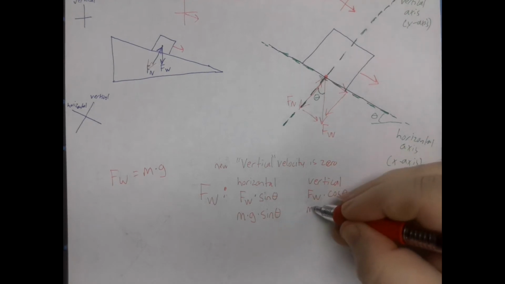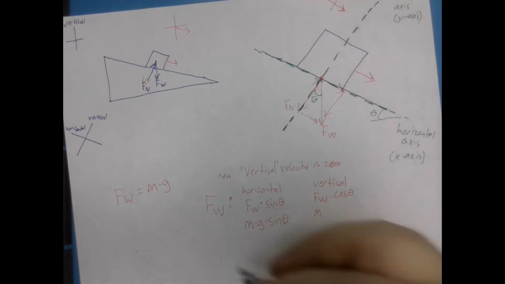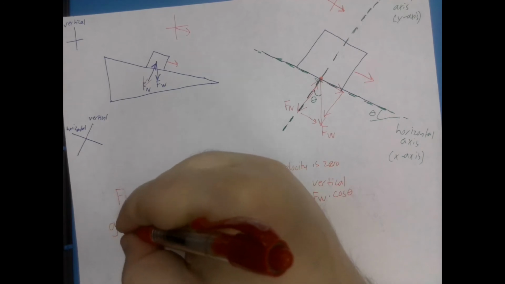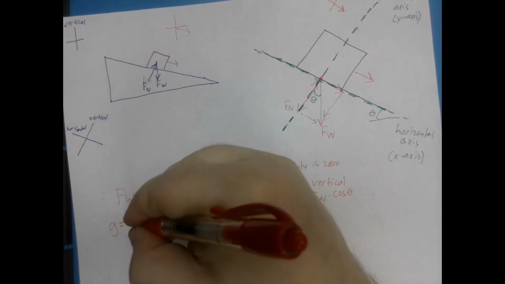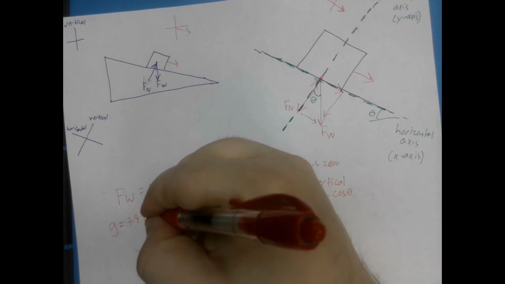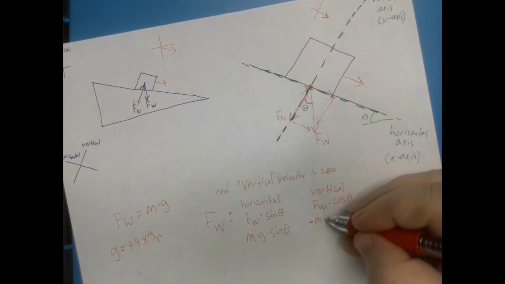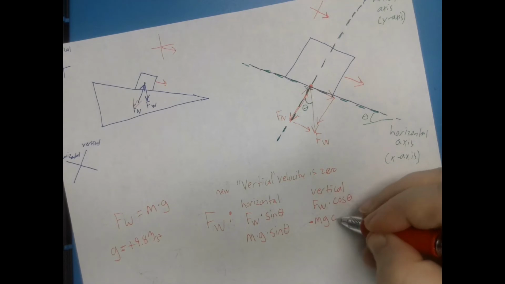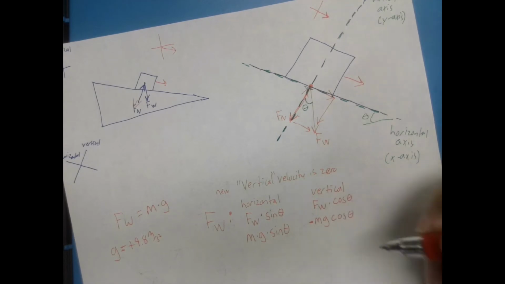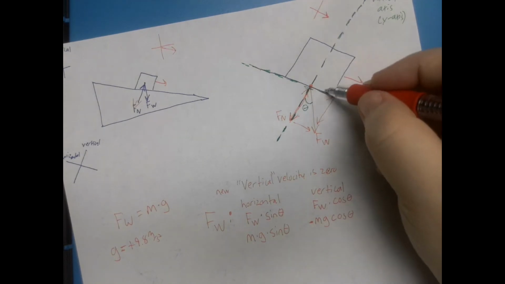And this will be m. I'm going to let g be positive 9.8 meters per second squared, so that my vertical arrow right here is negative. So I plug in a negative right here, mg cosine of theta, and then this would be positive.